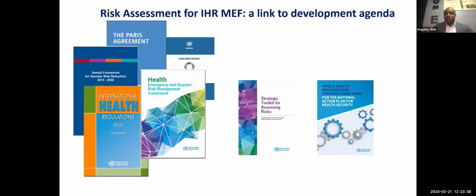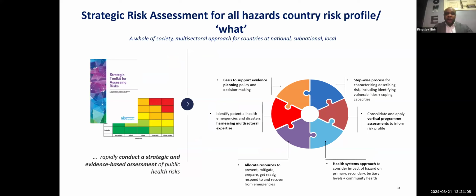But then we have so many risk assessment tools, but today we're going to focus on the Strategic Risk Assessment tool referred to as STAR. Some people are familiar with STAR already. So STAR is derived from the Health Emergency and Disaster Risk Management framework. So it's closely aligned with the International Health Regulations, and it's informing planning processes like NAPs. So next slide.